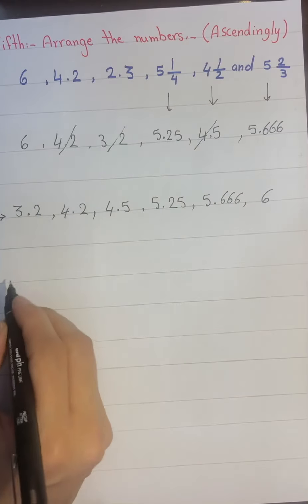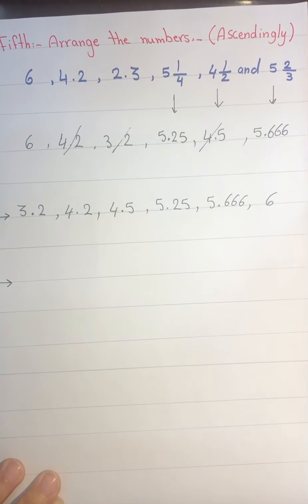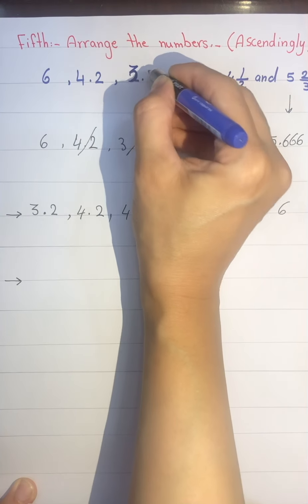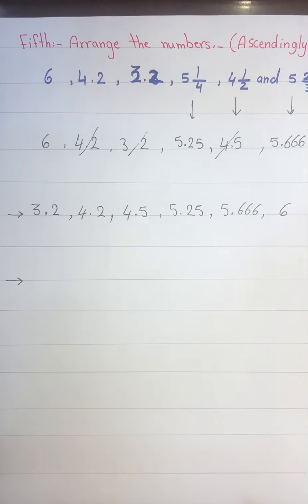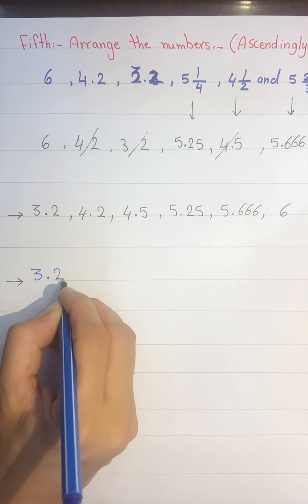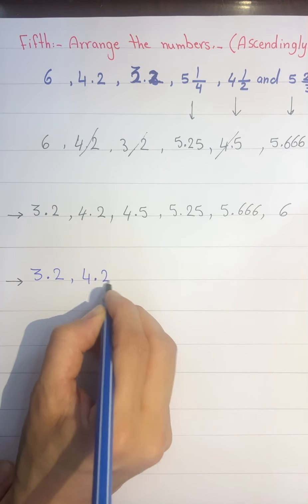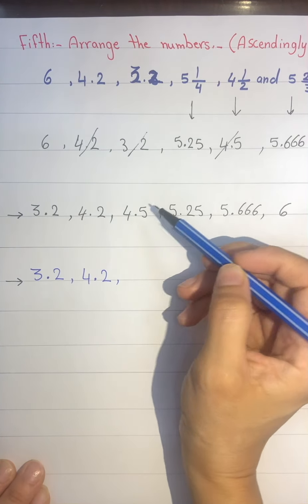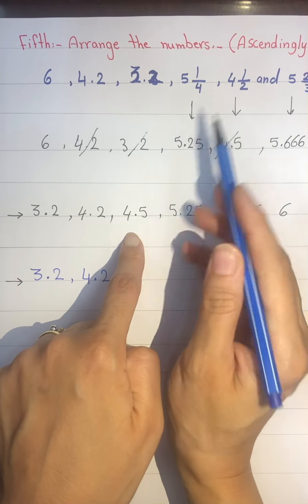Can I keep it like this? No. We must change the fraction as in the question. 3.2 as it is. After that, 4.2 as it is. 4.5, can I write like this or like this?